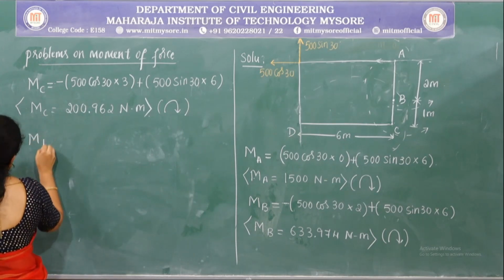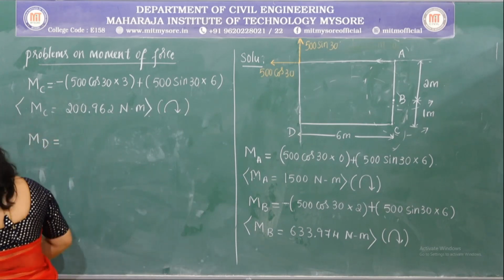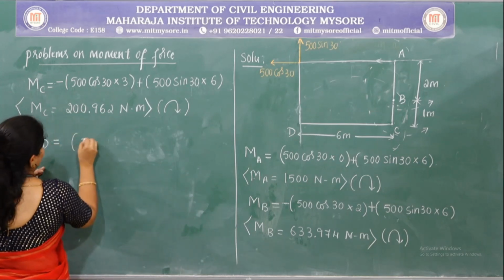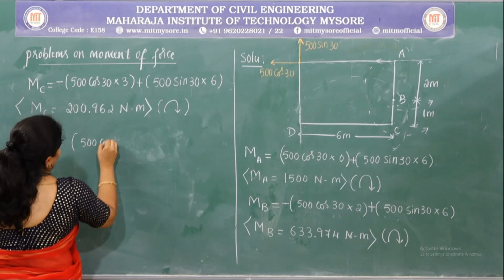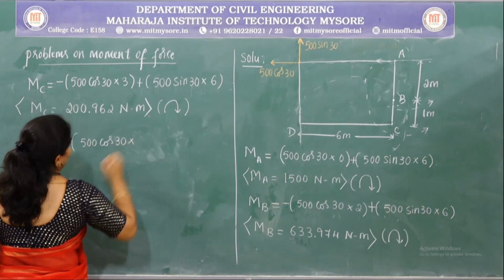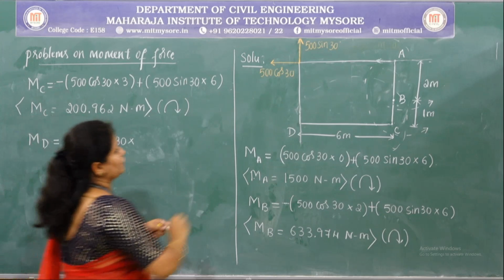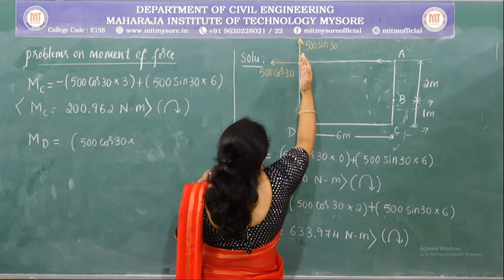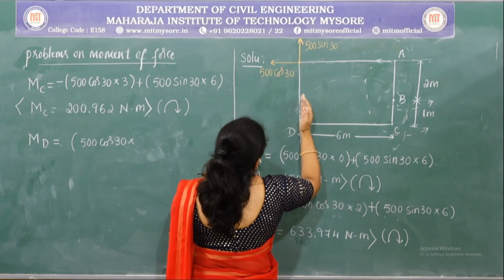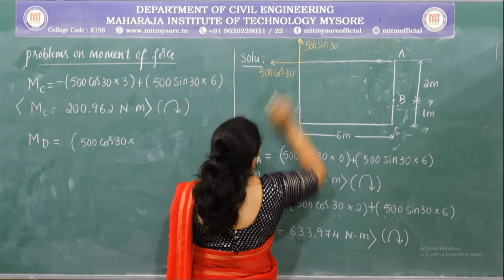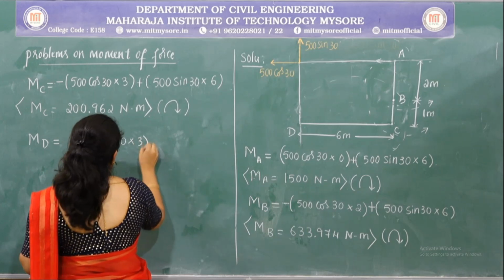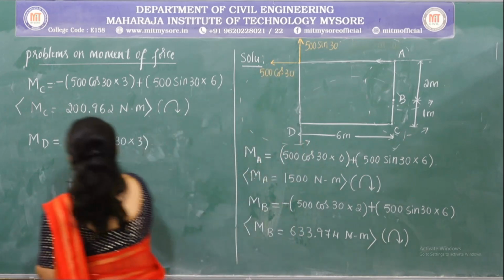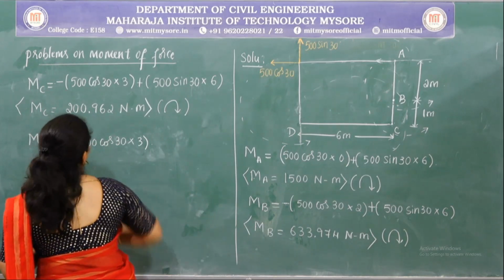Now we shall take up the moment about point D. Again consider the x component of the force, that is 500 cos 30, multiplied by the perpendicular distance between the line of action of the force and the point. This distance is equal to 3 meters and this force will produce an anti-clockwise moment about that point.